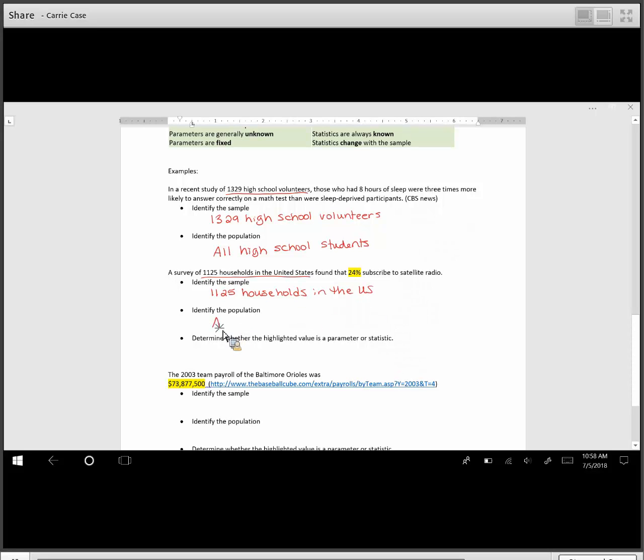It's all households in the U.S. The highlighted value is this 24%, and because the 24% is coming from the 1,125 households, it's a statistic. And that's because it comes from the sample.